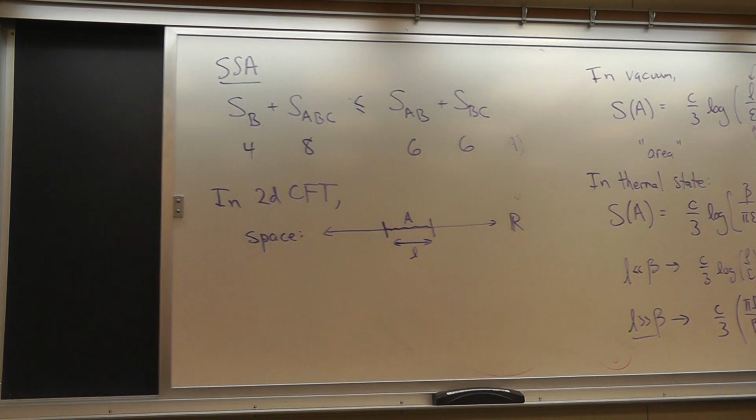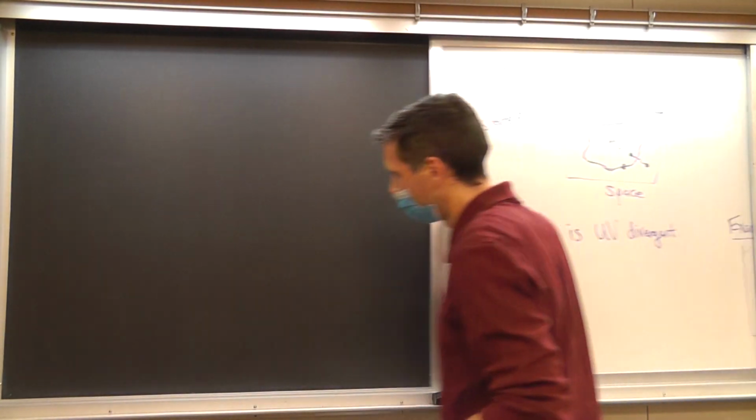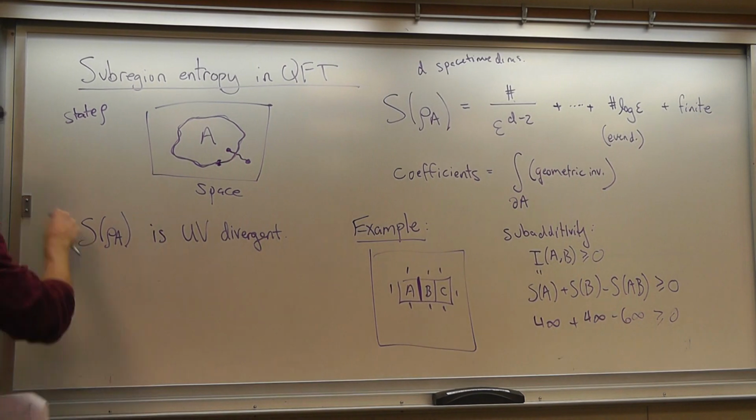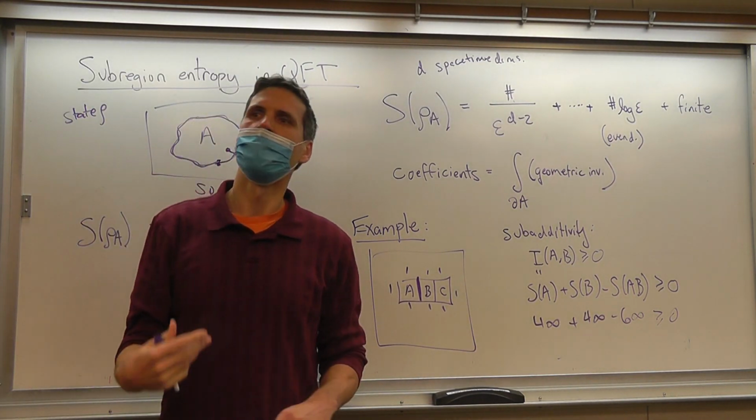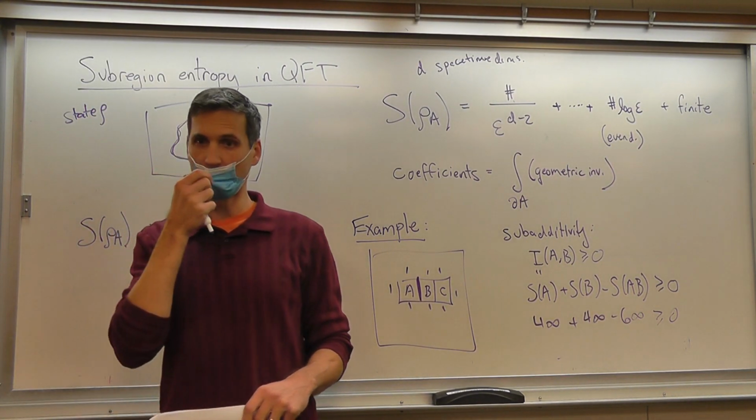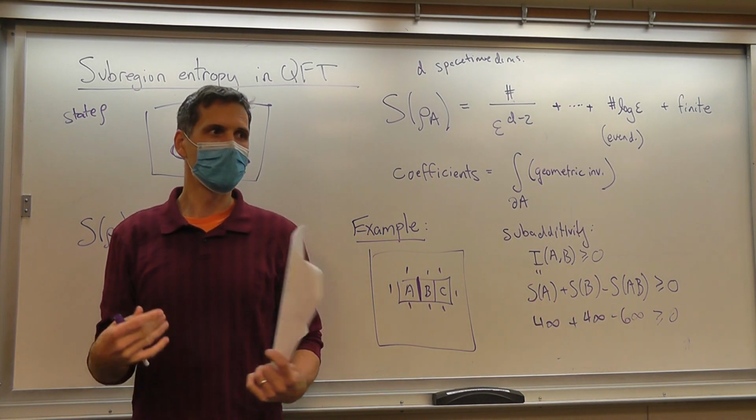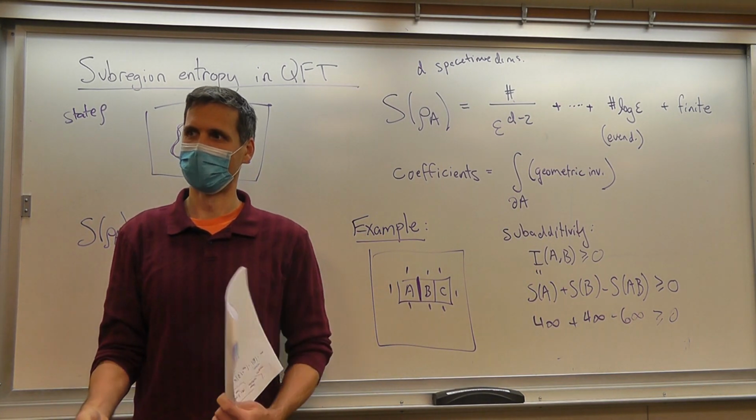So what I wanted to illustrate with this is the fact that the von Neumann entropy includes two types. In quantum field theory, there are two important contributions.